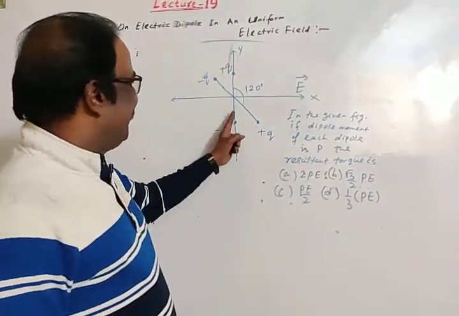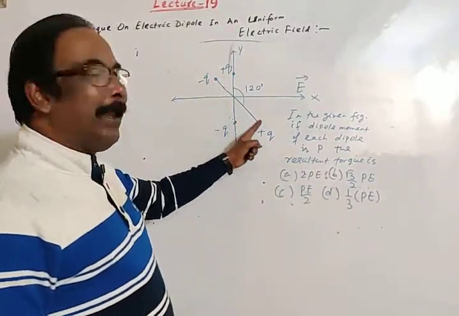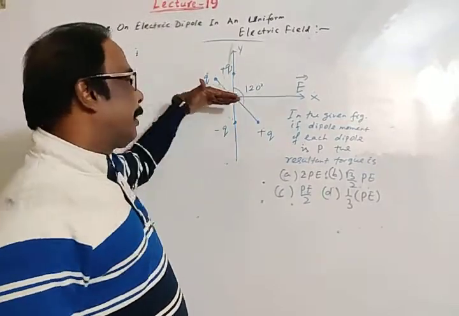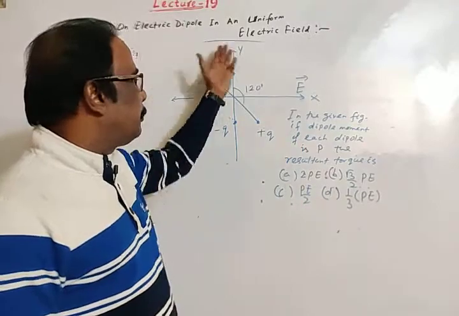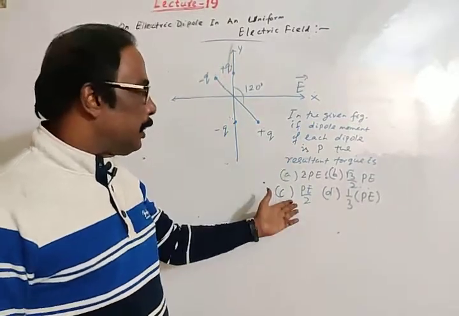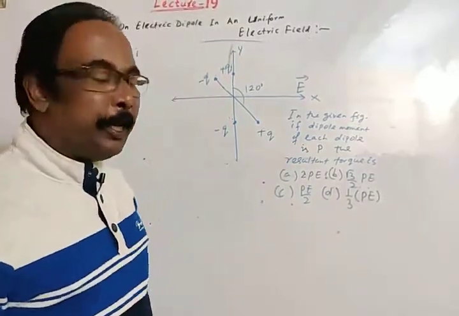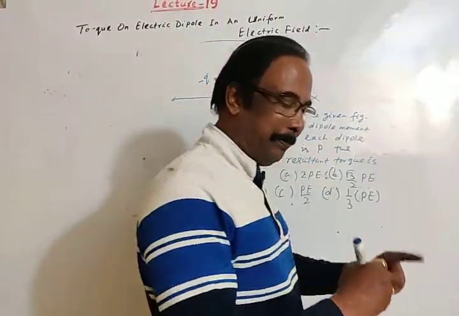So two dipoles are aligned as shown in the figure and the electric field exists along the x-axis, then the resultant torque due to the system of dipoles is given as A, B, C, D. 1, 2, 3, 4.